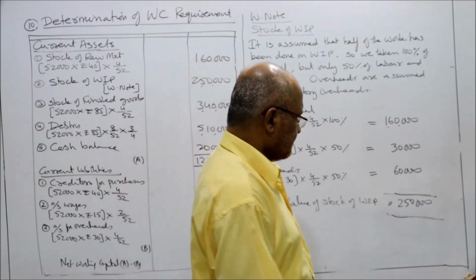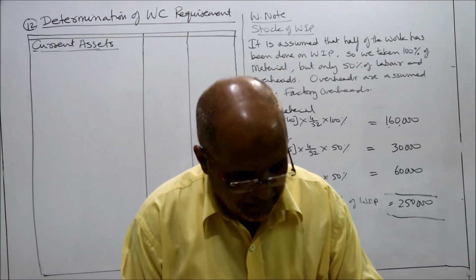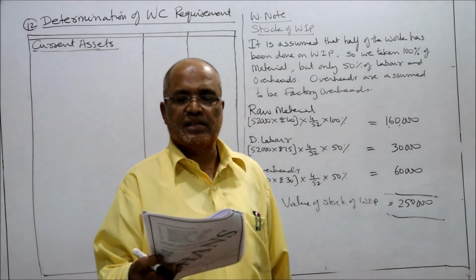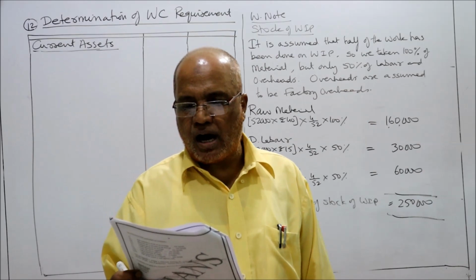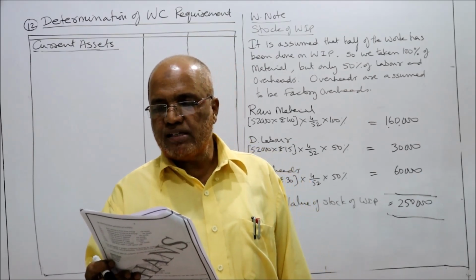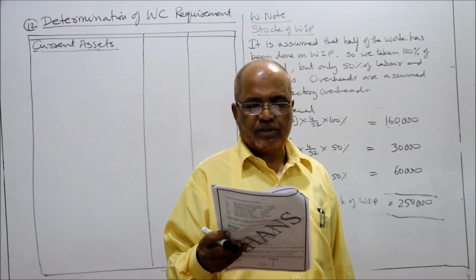Problem number 12. See the 12th problem. Western company is about to commence a new business and finance has been provided in respect of fixed assets. They have asked you to advise the additional amount which they should make available for working capital.